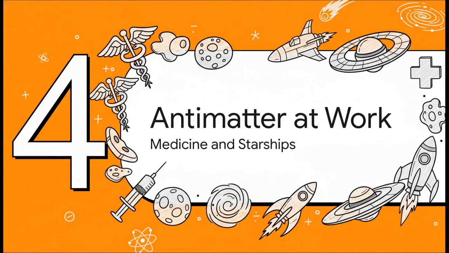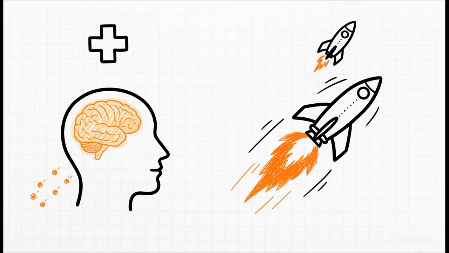Now, you might be thinking, this is all just a weird cosmic curiosity, totally theoretical. But here's where our story takes a really interesting twist. Despite being so rare and so explosive, antimatter is already being used to save lives, and it might just be our ticket to the stars one day. Right now, today, in hospitals, there are things called PET scans.